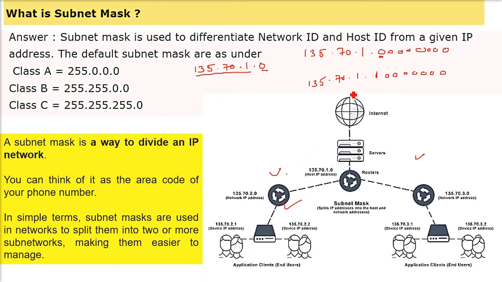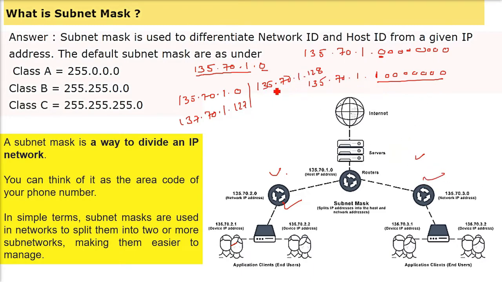So now, which IP belongs to which subnet? 135.70.1.0 is the starting IP of the admin department. Computing this in decimal, the fixed 1 bit gives 128. So the admin department IPs will start from 135.70.1.0 and end at 135.70.1.127.